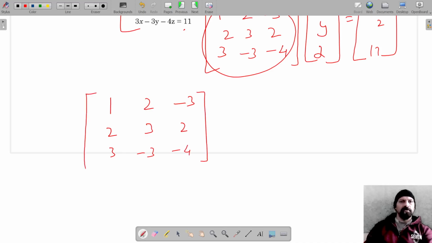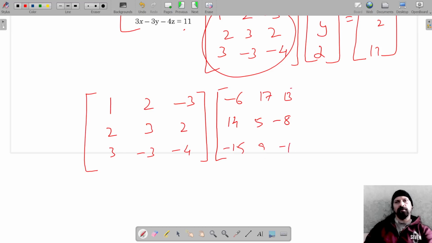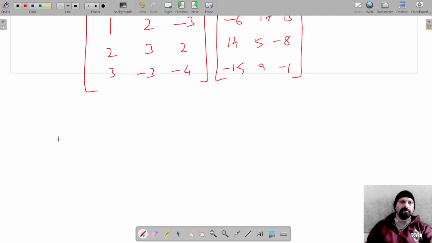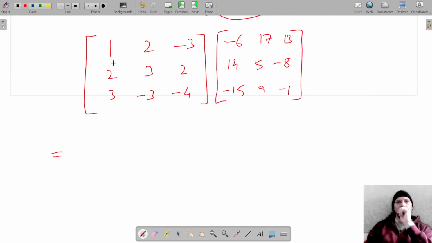This is our A matrix, and we have to find its product with negative 6, 17, 13, 14, 5, negative 8, and then negative 15, 9, and negative 1. Okay, so let's find the product, and we know how to find it.